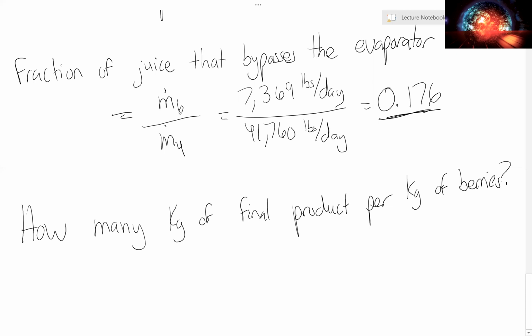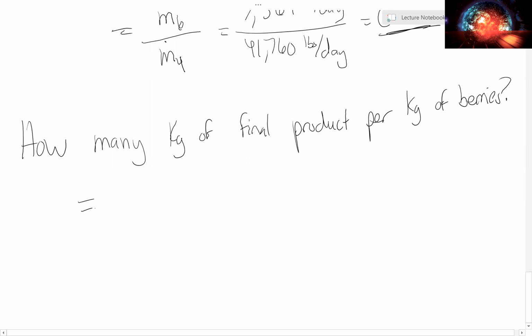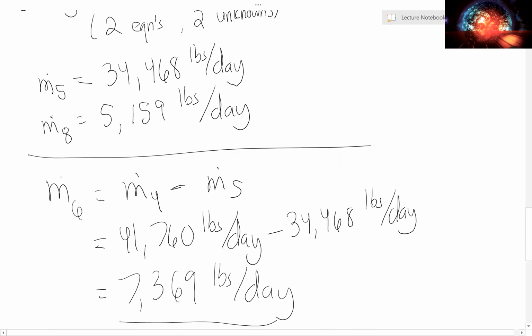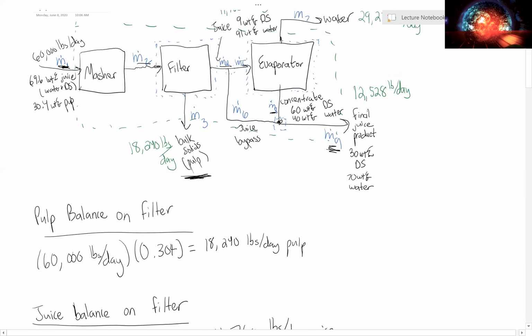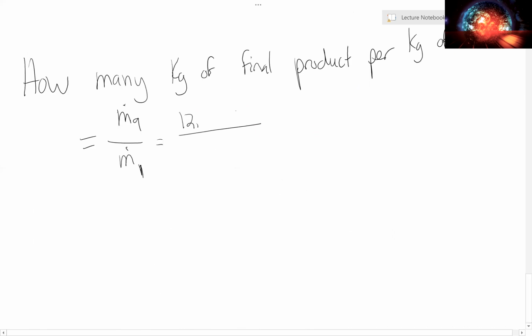It sounds like you would really need to do the unit conversion, but you would find if you converted both the final product and the berries coming into kilograms, the conversion would cancel itself out. So the easiest way to answer this is do a ratio of M9 over M1. So M9 is that final juice product, which, going back to my process, 12,528 pounds per day over 60,000 pounds per day.